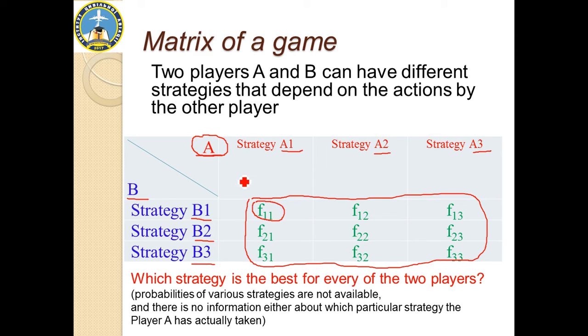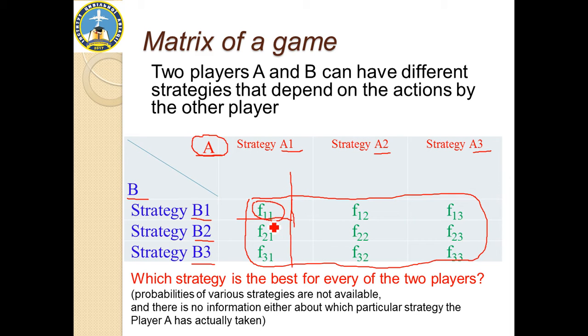But for a combination of every strategy, for example, strategy A1 available for player A and strategy B1 available for player B, there is a number at the crossroads between these two strategies. For example, player A picks his option A1.